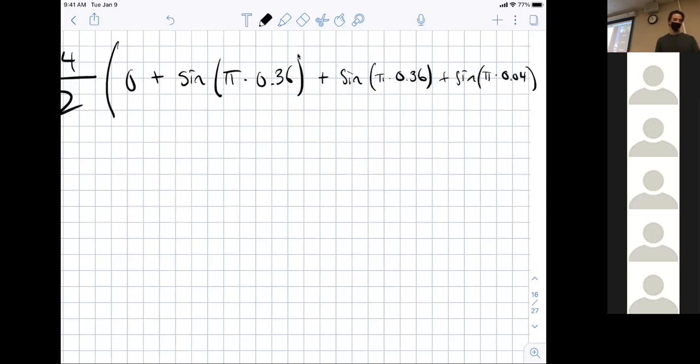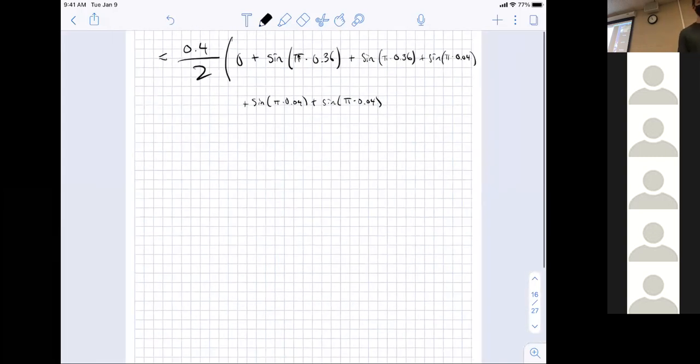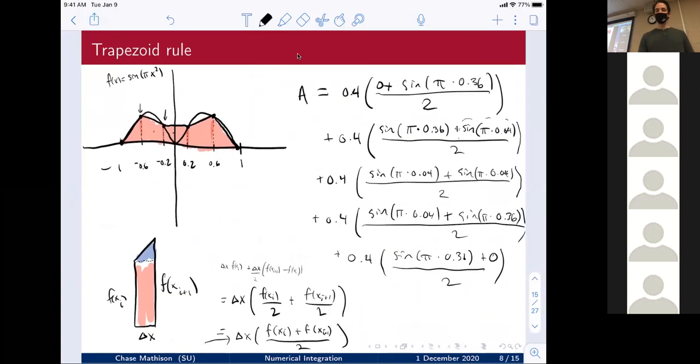Then in the next term, I have plus sine of pi times 0.04 plus sine of pi times 0.04. That was that middle trapezoid, which was technically a rectangle, right?